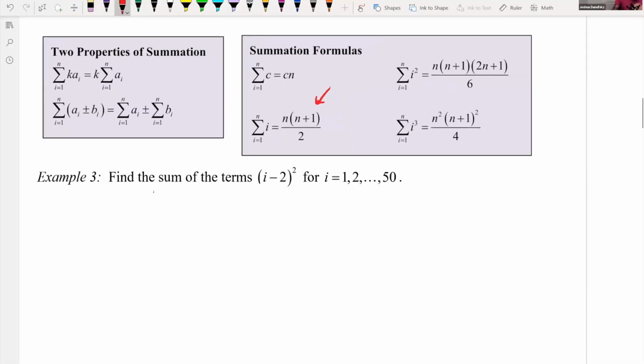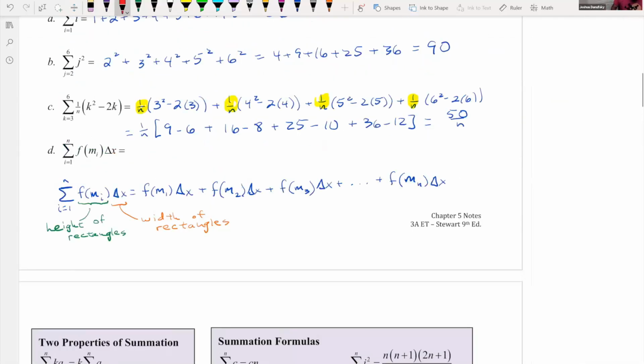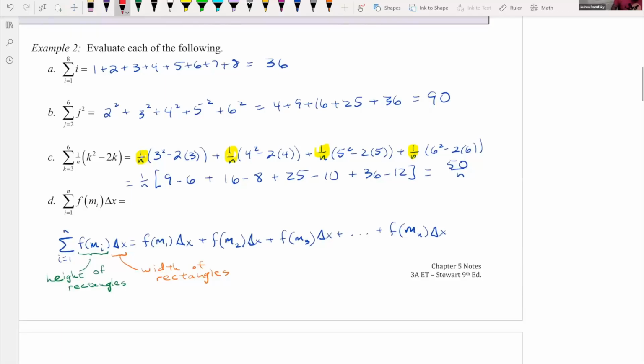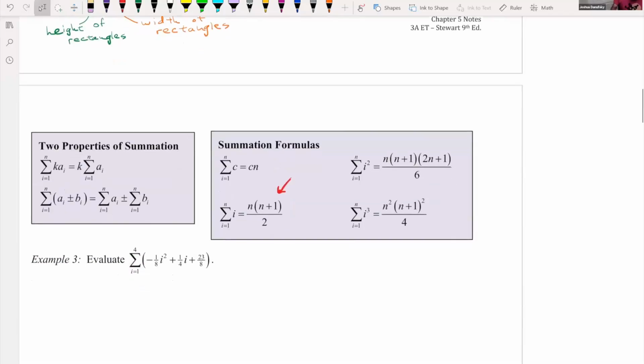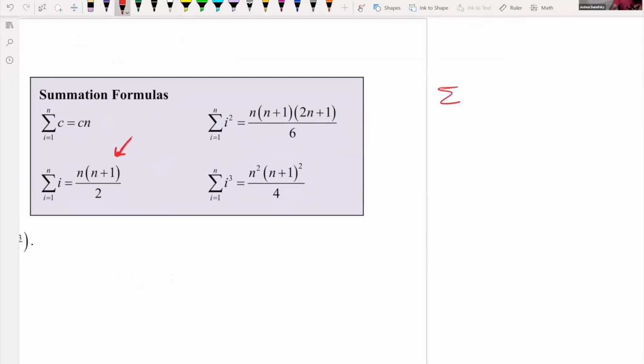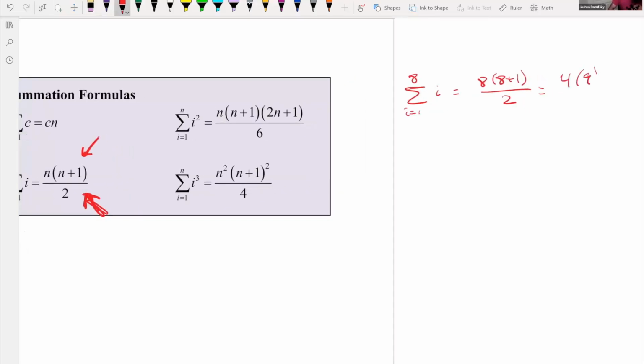And as a matter of fact, I think a moment ago with the previous example, in example 2, part A, we did this from 1 to 8 and got 36, right? In other words, we can take the sum i equals 1 to 8, and using this formula where n equals 8, we get what? We get 8 times 8 plus 1 over 2. And that's simply going to be 4 times 9, which is 36. That was way faster than adding up all those numbers, right? So that's kind of nice.